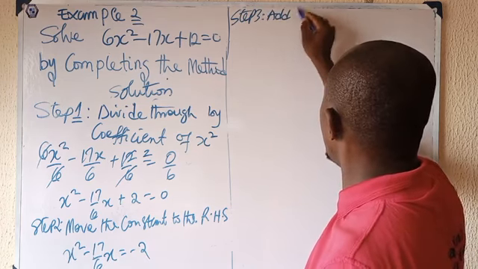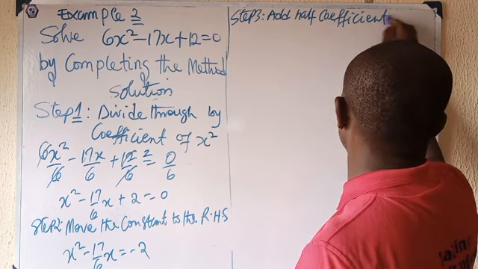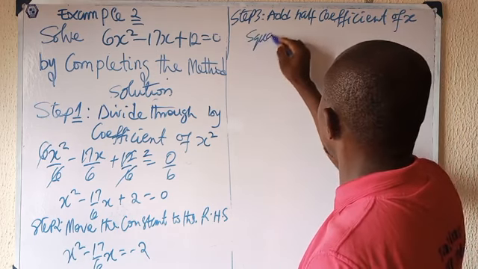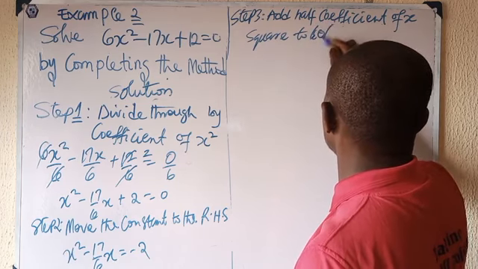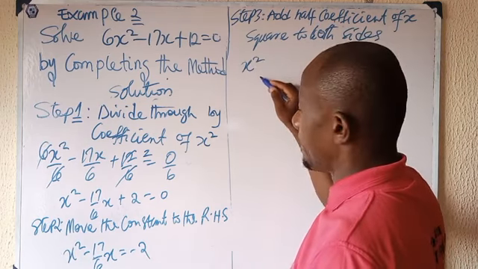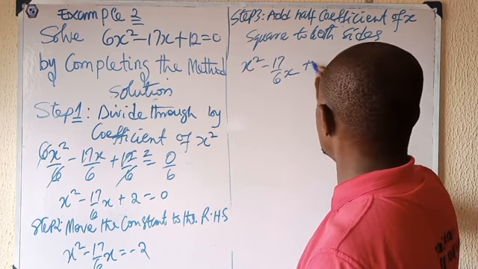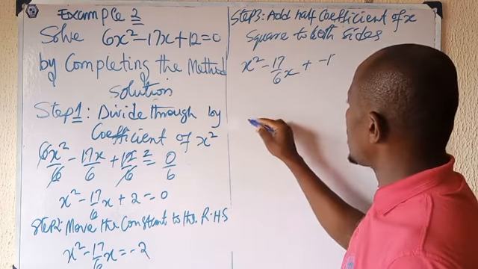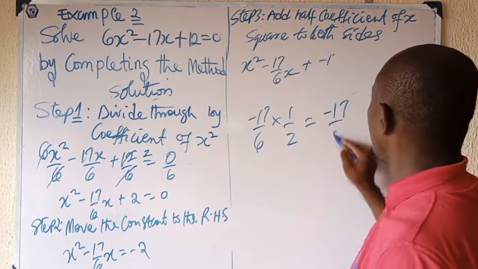So if we do that, we have x squared minus 17 over 6x plus... okay, let me show you. Now the coefficient of x is minus 17 over 6, right? Half of it, you can say times 1 over 2, which is minus 17 over 12.